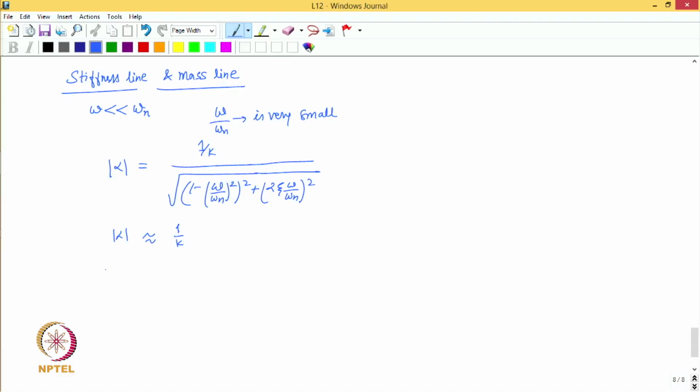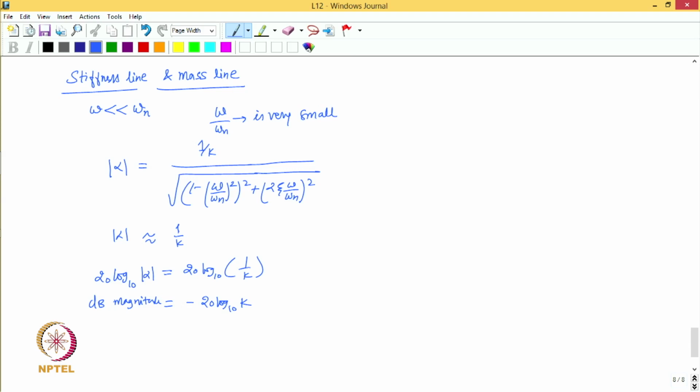Now if you write this in the dB form, then we have 20 log 10 alpha is equal to 20 log 10 1 by k, which can therefore be written as minus 20 log 10 k. This is the dB magnitude of the FRF, and we see that it is not dependent on omega.